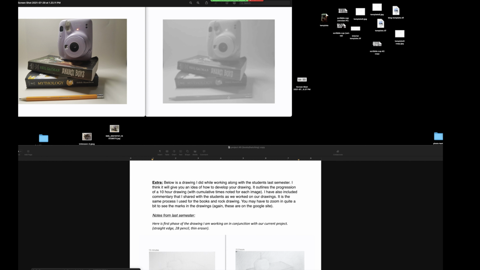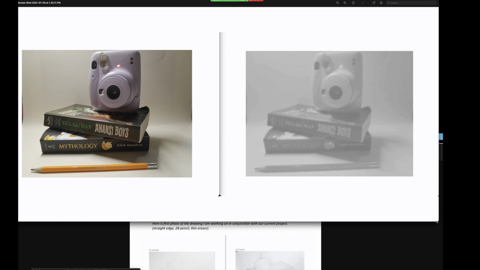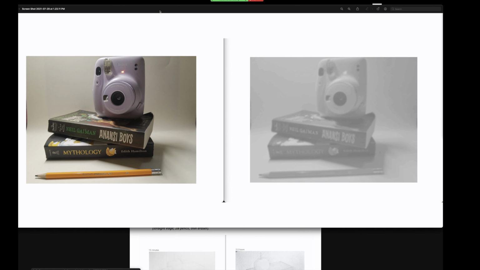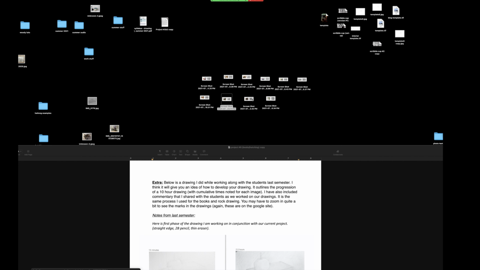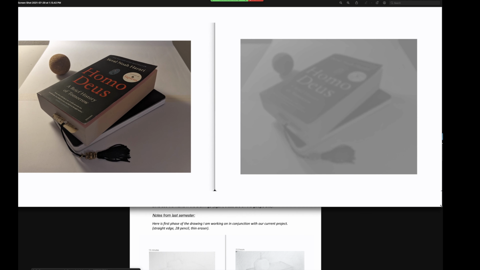So if you're trying to get too cute with the edges of things too early on in a drawing, it gets too crisp. So along with interpreting color, you've also got to be disciplined in terms of interpreting edge and not rushing the drawing in that regard, okay?